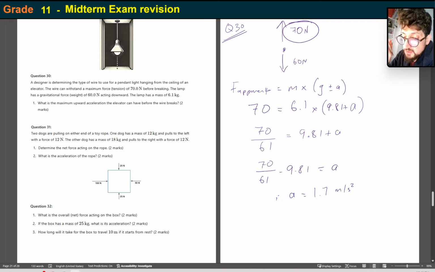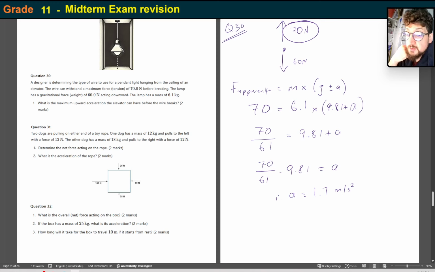Now, I just want to make a point here. If you are standing in an elevator, your weight is going to equal mass times gravity, especially if the elevator isn't moving or if it's moving at constant speed, which is during the middle portion of its journey. However, at the start of the journey, depending on whether the elevator is going up or going down, you're going to experience a different weight.